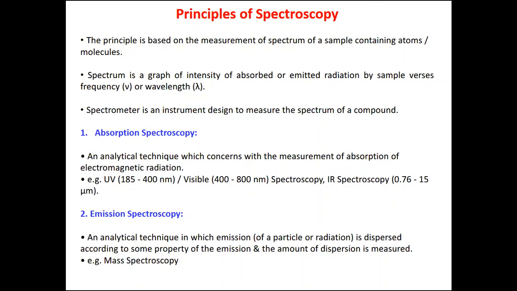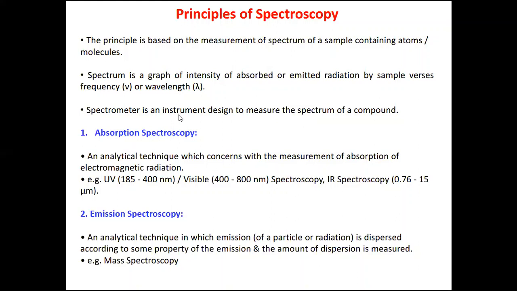A spectrum is a graph of the intensity of absorption or emission of radiation by a sample versus the frequency nu or the wavelength lambda. A spectrometer is the instrument which gives the spectrum, that is, the graph of absorption or emission of radiation versus frequency or wavelength.